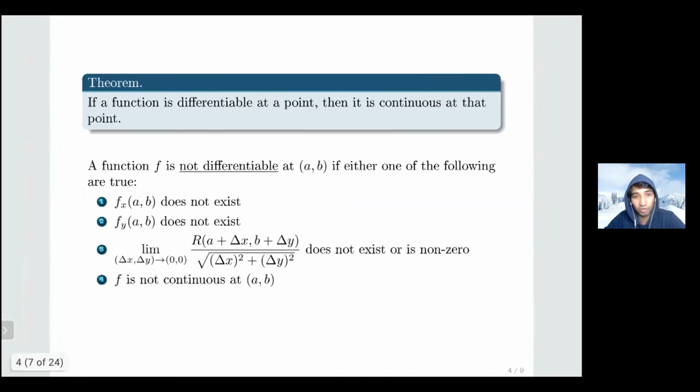Pag tinignan yung contrapositive, pag hindi continuous ang function sa point, ibig sabihin hindi siya differentiable dun sa point. So usually, madali lang naman ma-check yung fourth condition. So the fourth condition is a good test to show that something is not differentiable. Okay? So just check if it's not continuous.